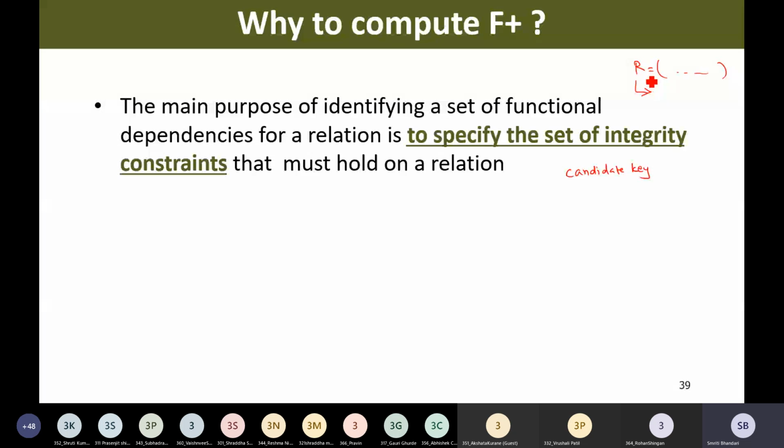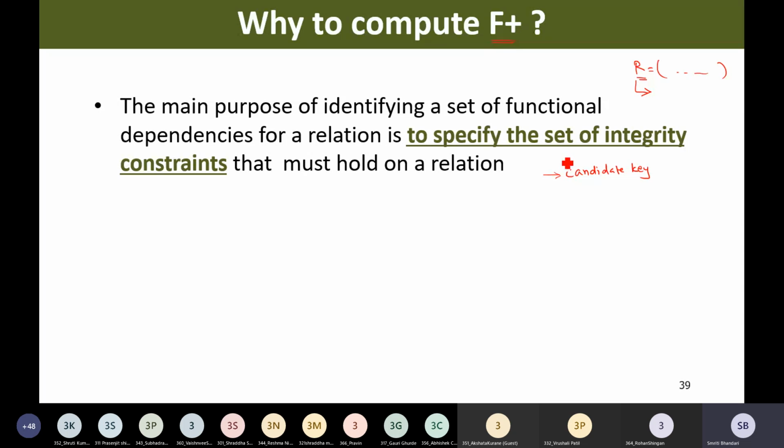By making use of functional dependencies, we are providing these integrity constraints, and to come up with one of the most important constraints, the candidate keys, we need to make use of this F plus that we are computing.